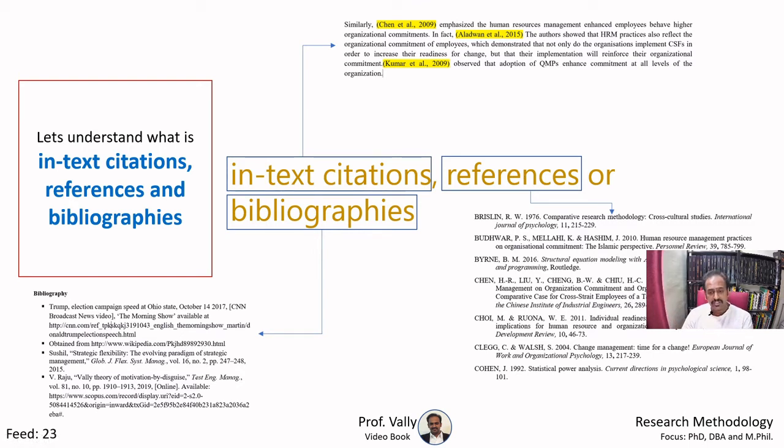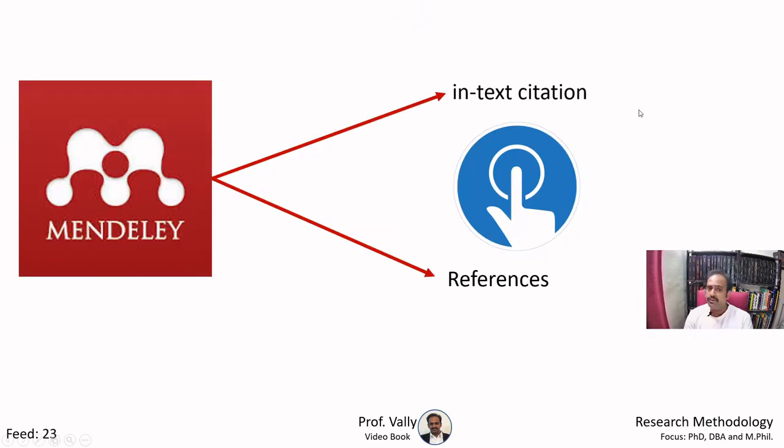The reference and in-text citation should match each other, and the bibliography is just a collection of all your references. So let us eliminate bibliography now. We are not concerned with bibliography. We will look only at in-text citations and references. So Mendeley can do both in-text citation and references with just one click. That is the most convenient part here. All can be done in just one click.